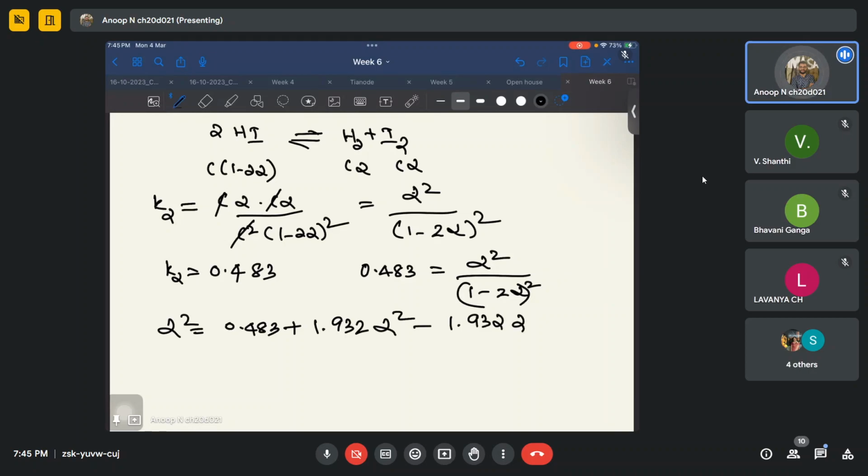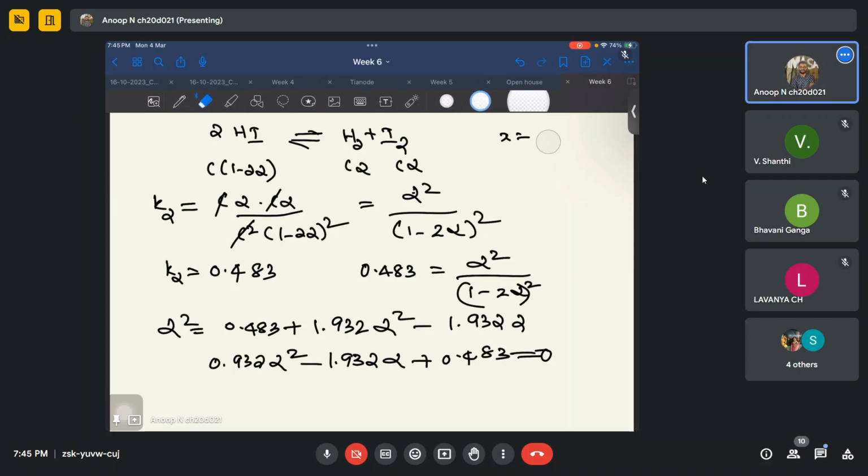When we simplify, we can write it as a quadratic equation: 0.932 alpha square minus 1.932 alpha plus 0.483 equal to 0. So the solution will be x is equal to minus b plus or minus root of b square minus 4ac by 2a.